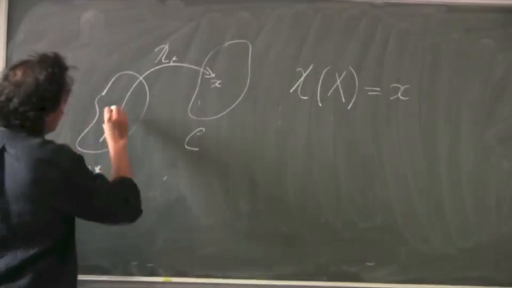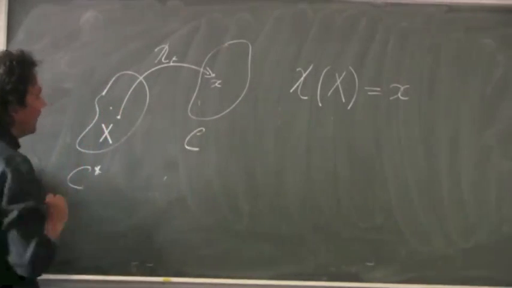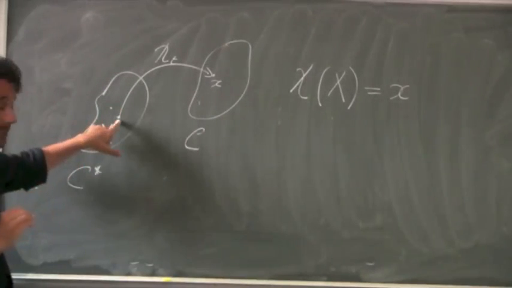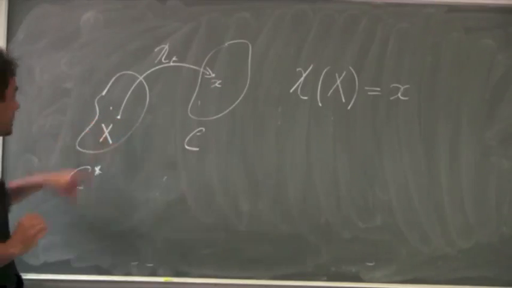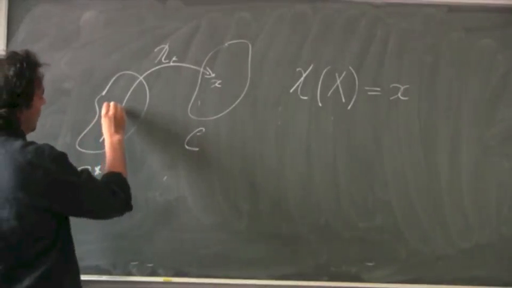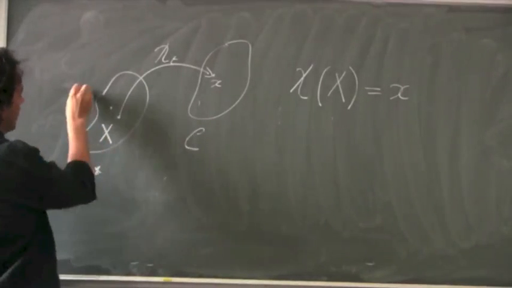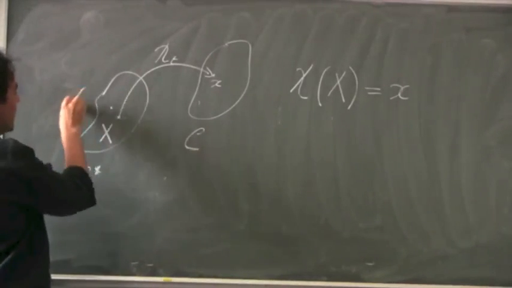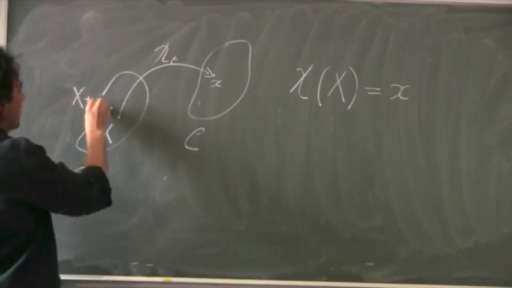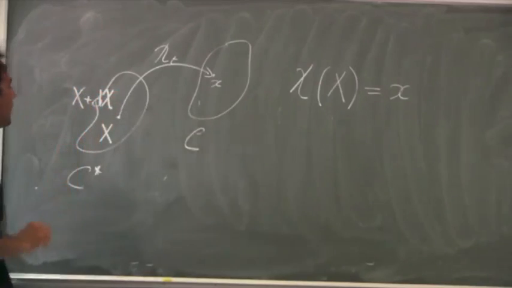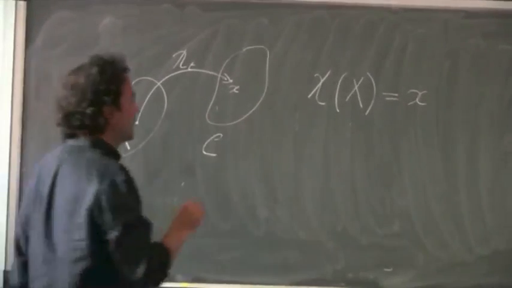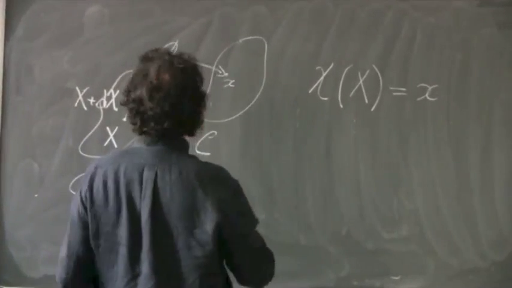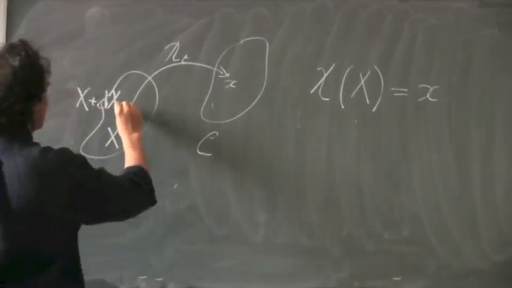And now let us see what happens to a point in the potatoes in the neighborhood of this capital X. For example, if we call this point capital X plus dX, in order to see that they are close to each other, what is the image of this point?